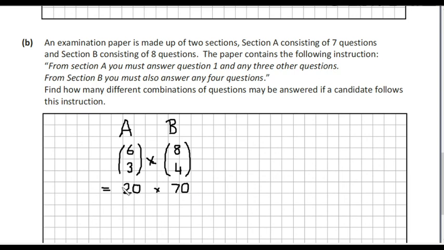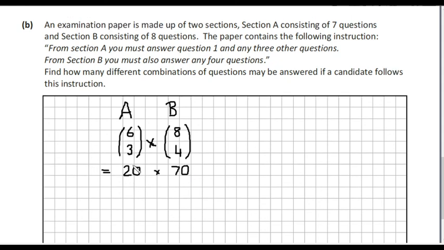But if I decide to go with questions 1, 2, 3 and 4 from section A, I've got 70 different ways of selecting my 4 questions from section B, just when I'm picking 1, 2, 3 and 4 from section A. But then if I decide to go with questions 1, 2, 3 and 5 from section A, I've again got 70 choices for that combination from section B. And then if I change the questions again in section A, I've got another 70 different ways I can select my questions from section B. So that's the reason we multiply them.